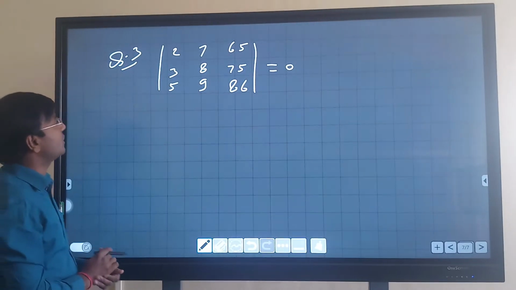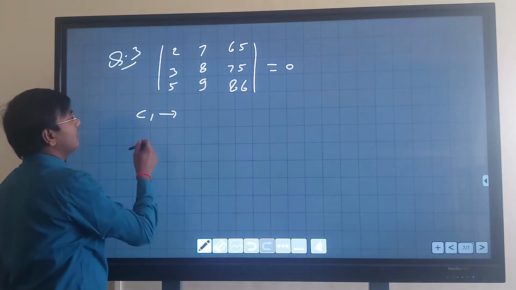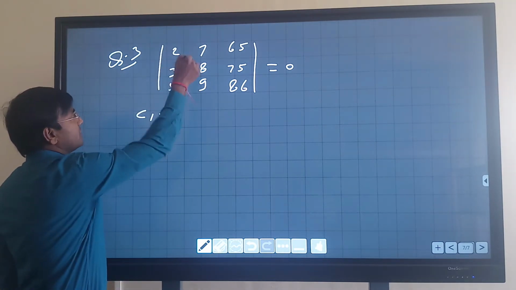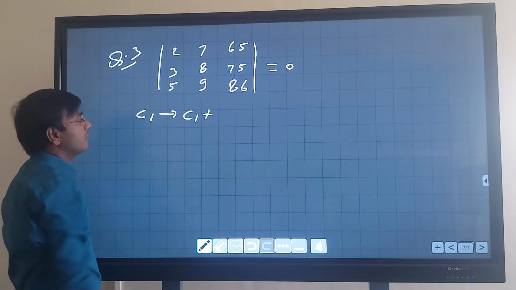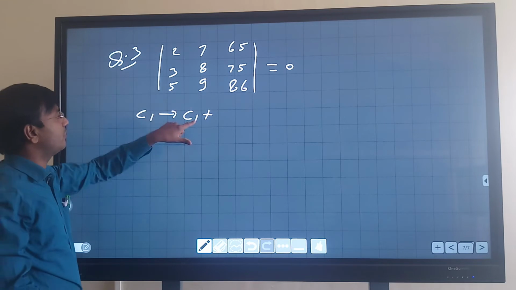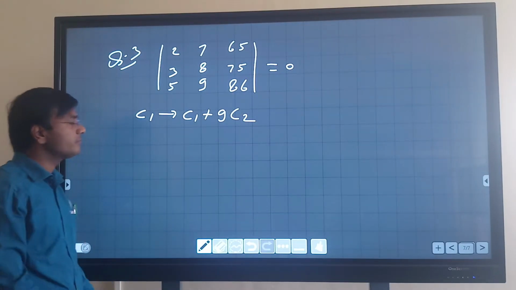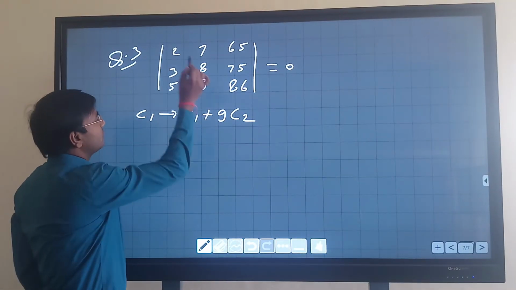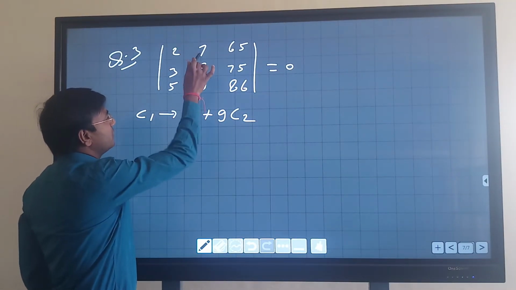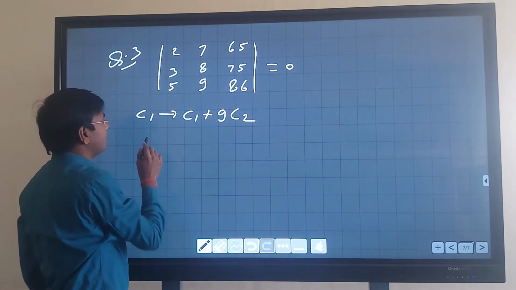Okay, so see, this is C1, C2 and C3. So if I write C1 plus 9 into C2, just think what will come. C1 means 2 plus 9 into 7. So what will come? 9 times 7 is 63 plus 2, 65.